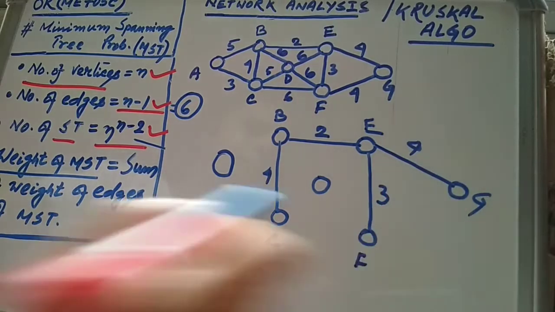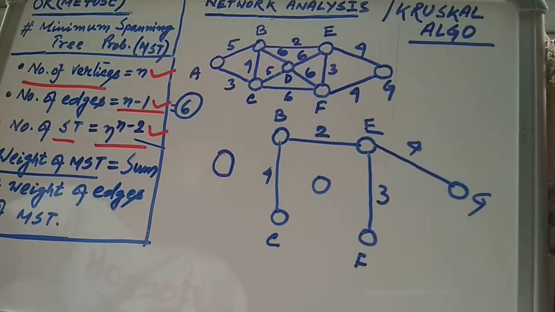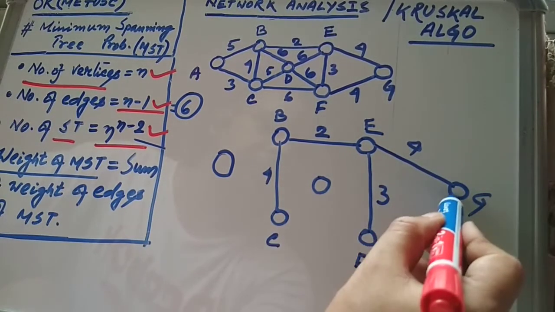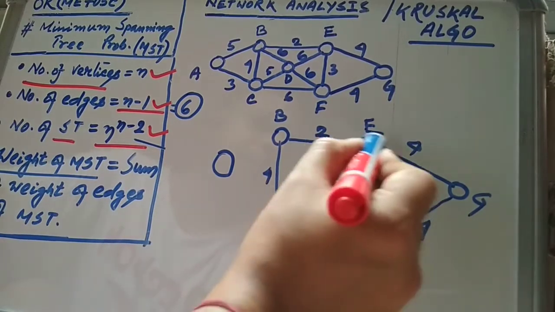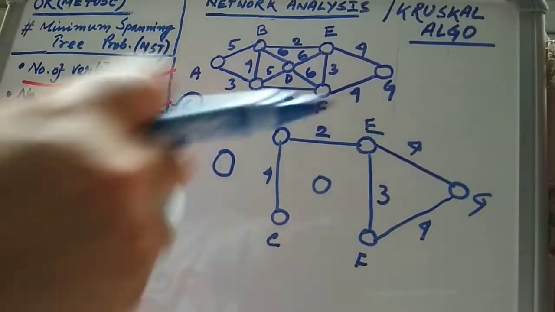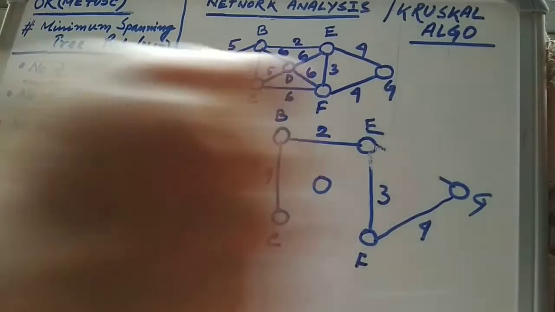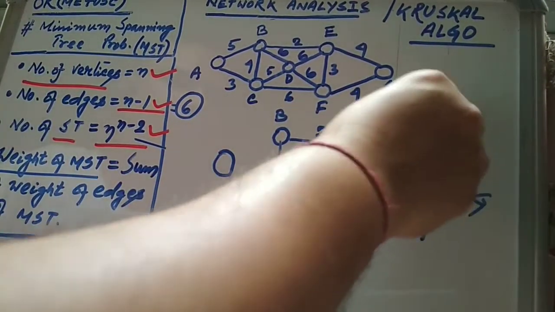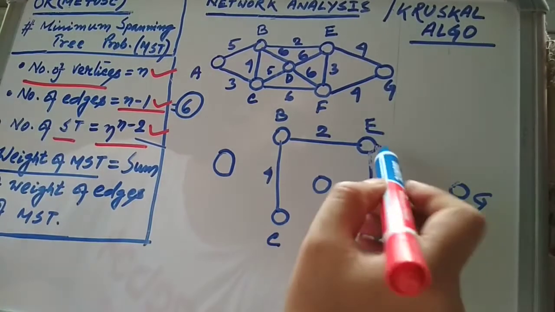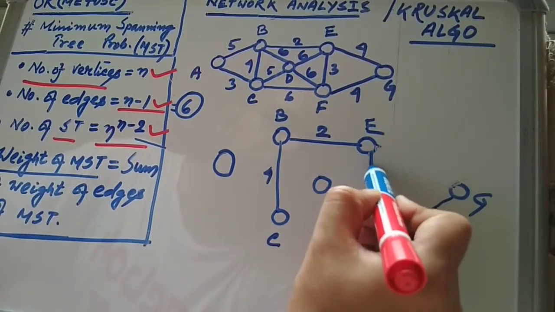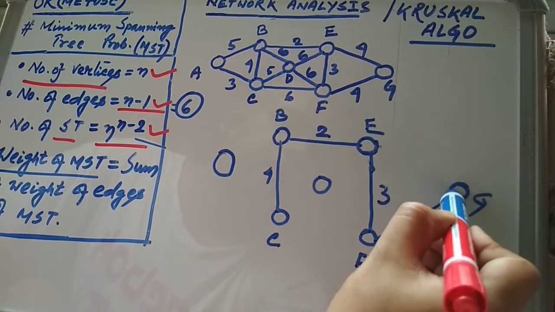Next, we cannot construct this one, or if I construct this one, say 4, we cannot construct the other. Either one has to be removed, because they make a loop, but it is a tree, so we cannot have a loop. Say I have constructed this one.